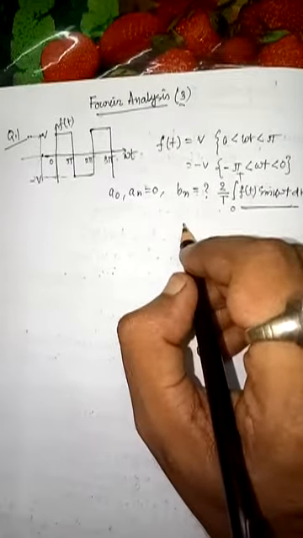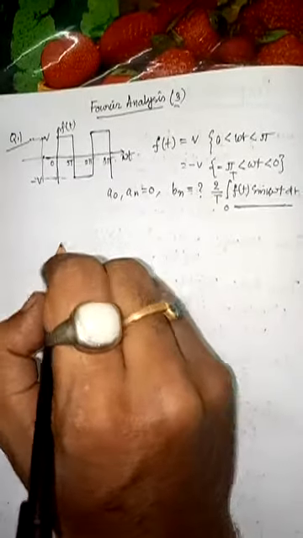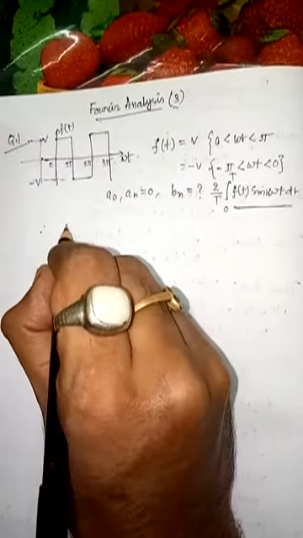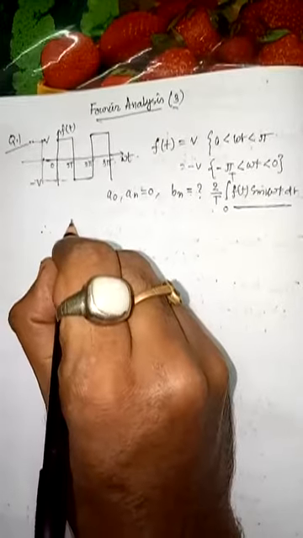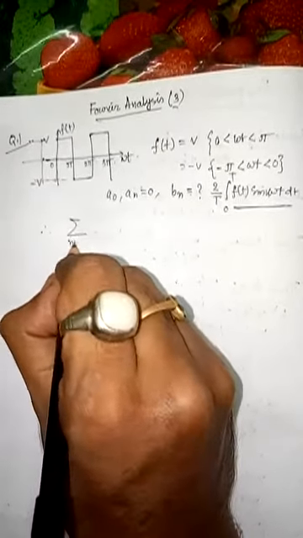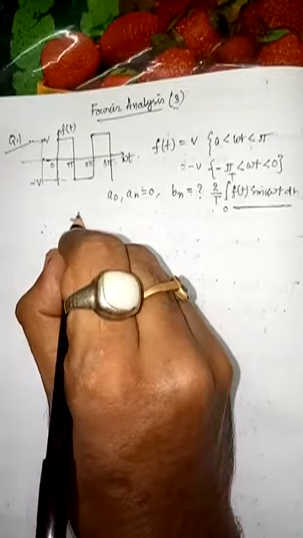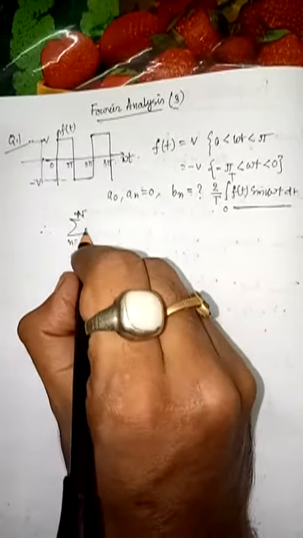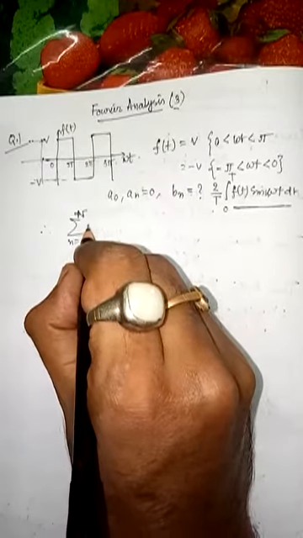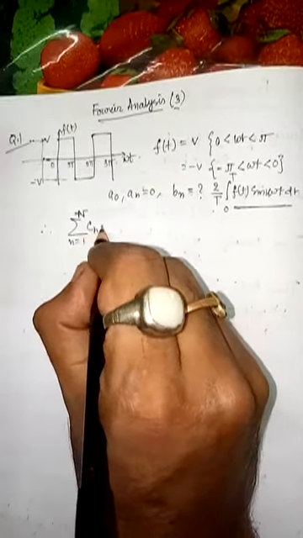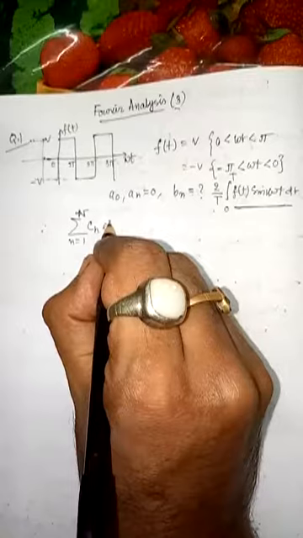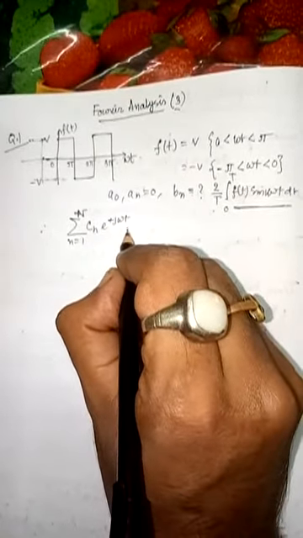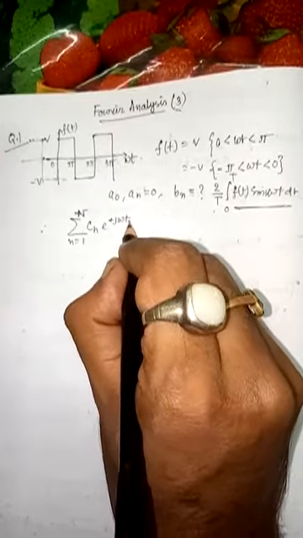So we may use the complex transformation also. So finally you have to write that particular form of the Fourier series in the basic expression, n equals 1 to infinity, or that particular value n like this. So it should be c_n e to the power plus j omega t into n.